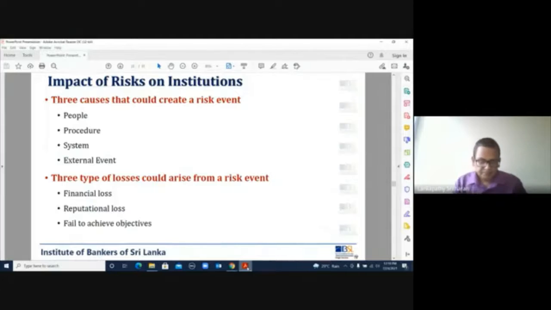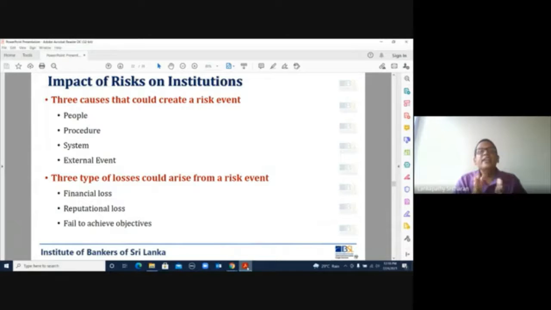I say that because actually I have already explained to you as well. The financial risk, we are saying that any risk that could create a direct losses to the balance sheet and P&L. But in the non-financial risk also, that may lead to the financial losses, because here I say that there's a loss in the financial losses.